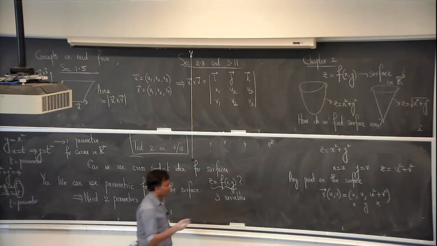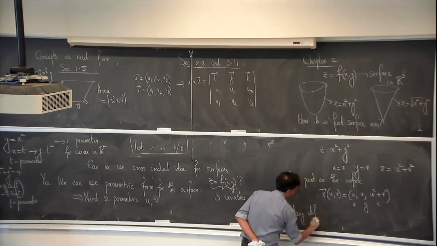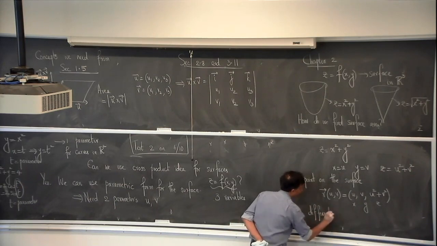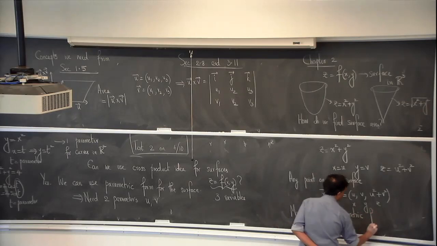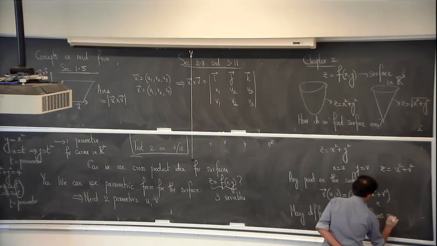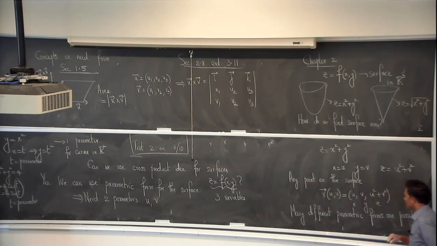So many different parametric forms are possible for the same surface. And all of them are correct as long as you don't violate any of the points on the surface. All the points on the surface should be defined exactly how it is in terms of x, y, and z. So if you just write u, v, u square plus v square, that is going to just sit in place of x, y, and z.